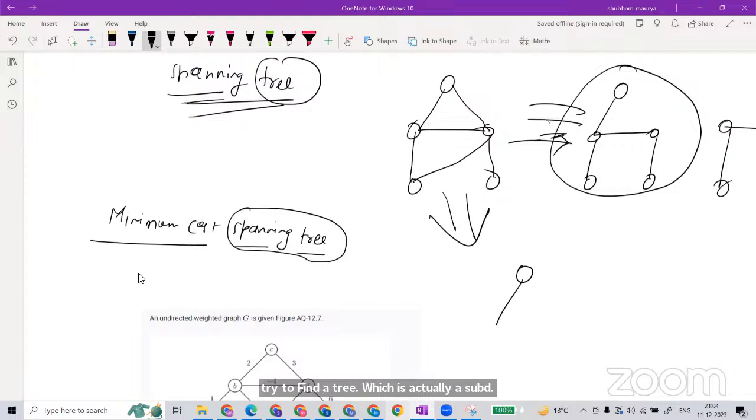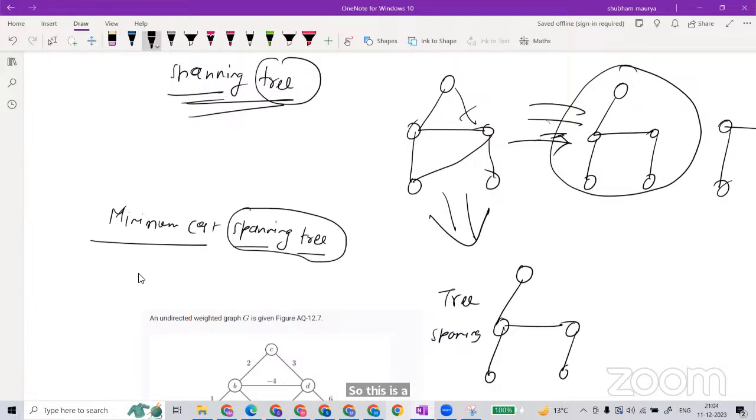Suppose this graph has no cycle. This is a subgraph of this one, right? The number of vertices is the same, and the edges connecting the vertices are also the same, only some edges are not there. So this is a tree, and we will say this is a spanning tree.